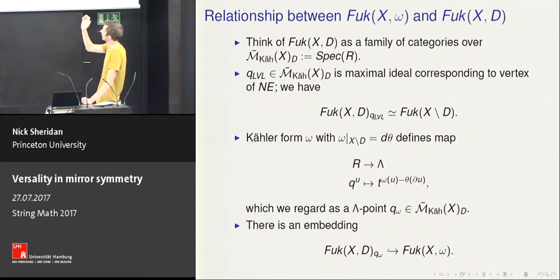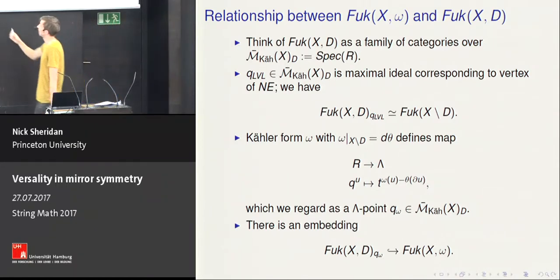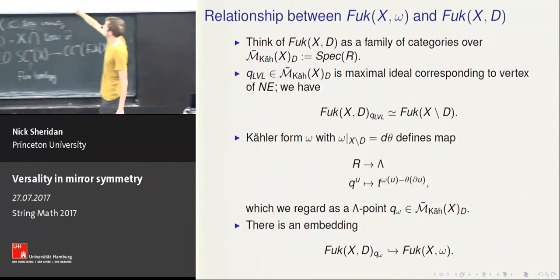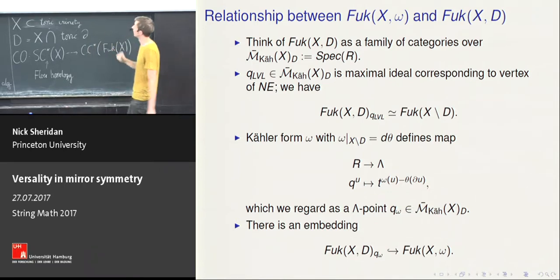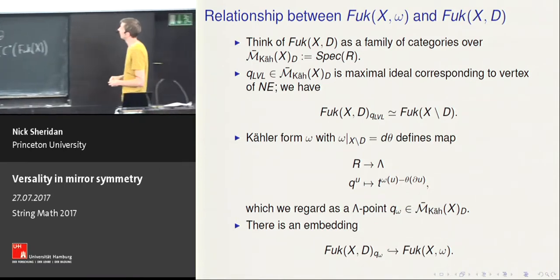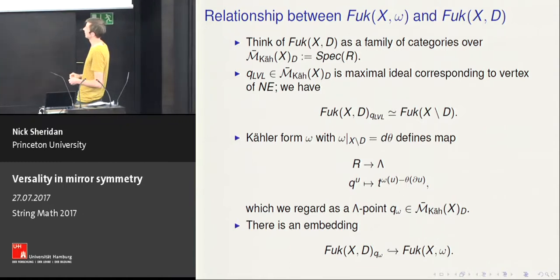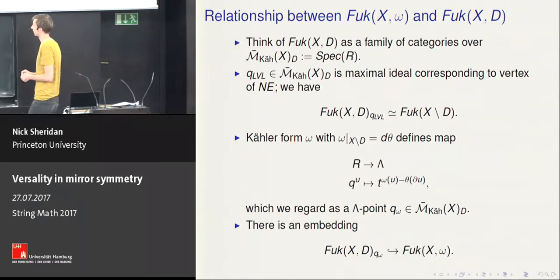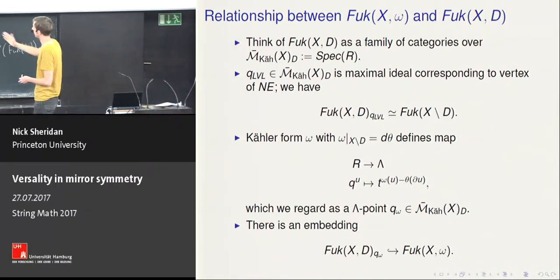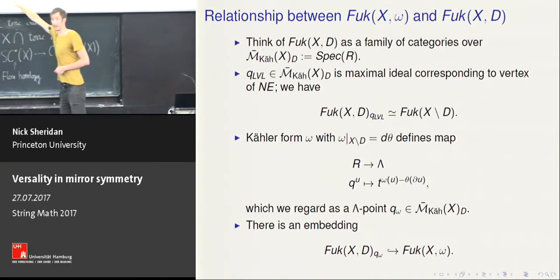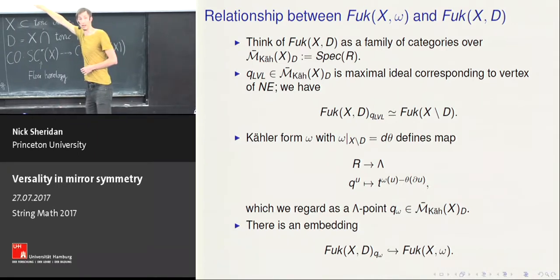On the other hand, if we have a Kähler form omega, it gives us a map from R to Lambda, defined by this formula, which we can regard as a Lambda point of Spec of R, and the fiber of this family of categories over this point embeds in this Fukaya category that I said we're really interested in for symplectic topology purposes.